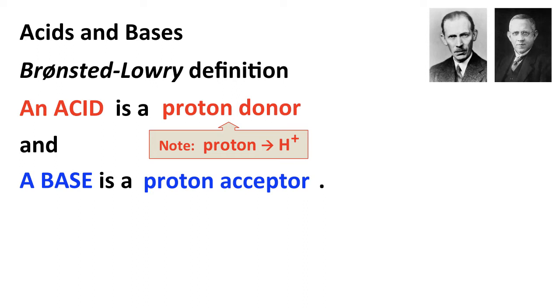One is a proton donor, one is a proton acceptor, and this way of looking at acids and bases is more general than the Arrhenius way because we don't have to deal with aqueous solutions, and it's very useful in a whole bunch of different contexts, which we will start to explore next.